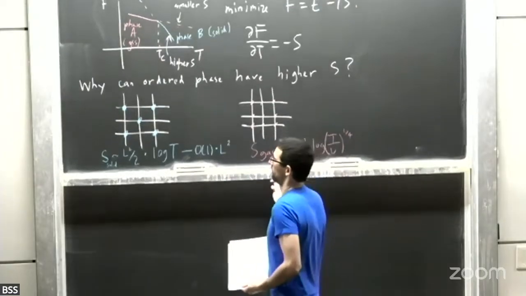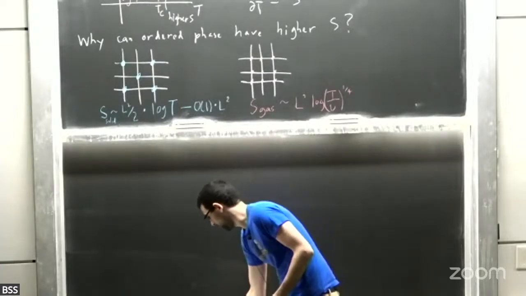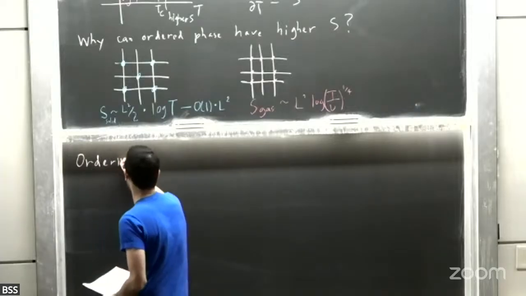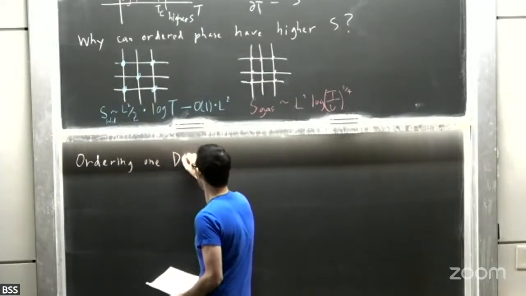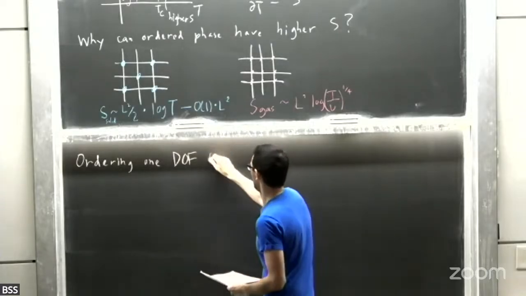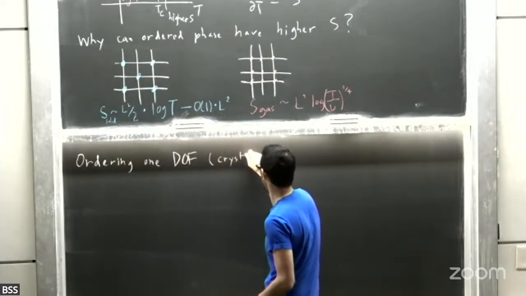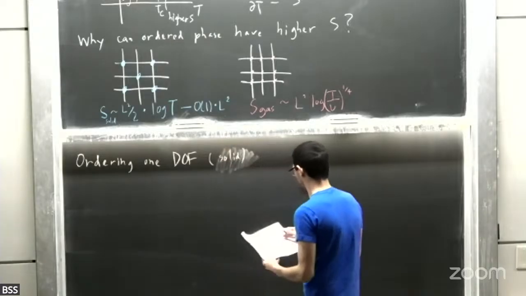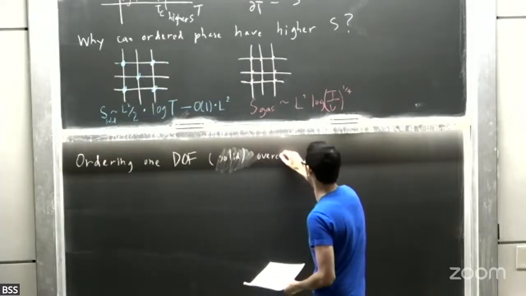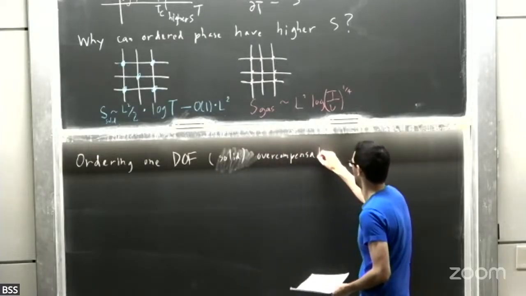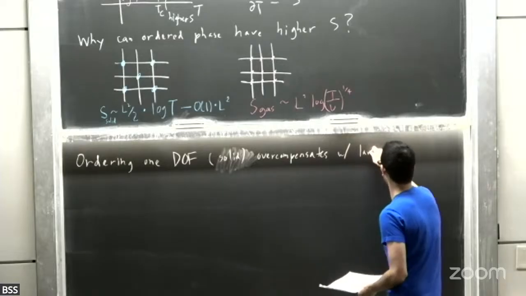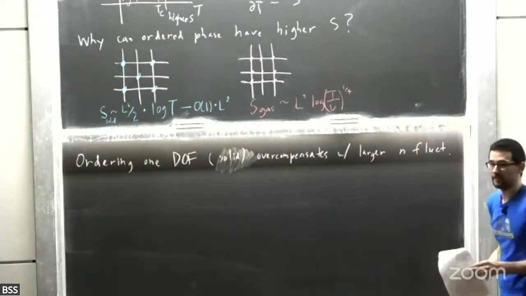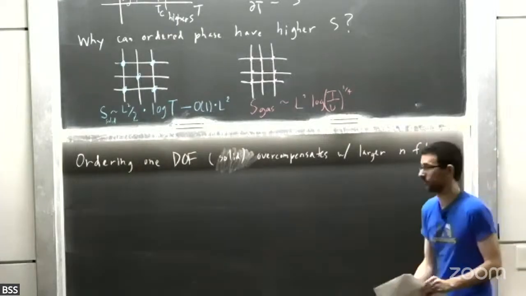So the crucial point is that ordering one degree of freedom, in this case the crystal, the solid, overcompensates with larger n fluctuations. Okay, and this is why we have higher entropy.